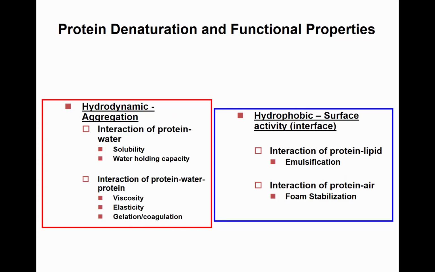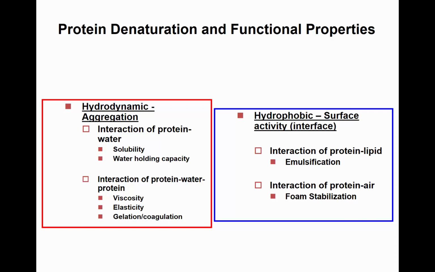The functionality of the protein is governed by certain mechanisms. We have two categories of mechanisms. One category is the hydrodynamic or aggregation. Hydrodynamic has to do with interaction with water. Aggregation has to do with protein-protein interactions.